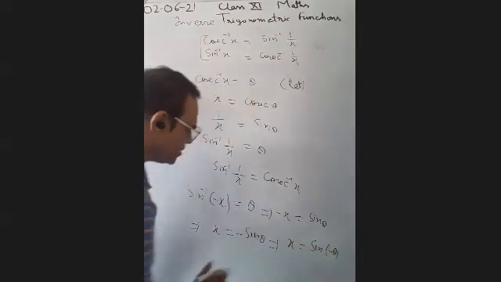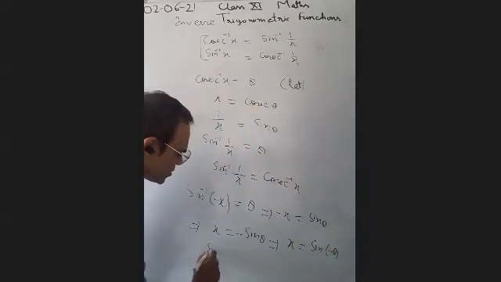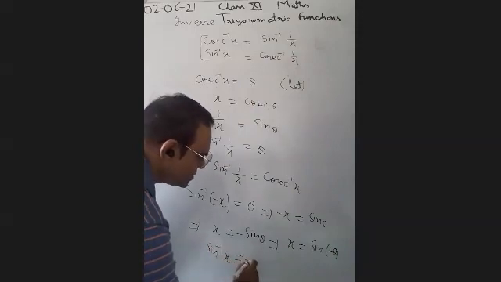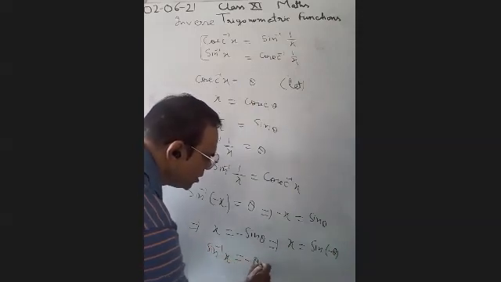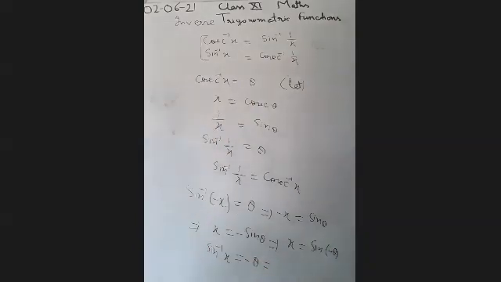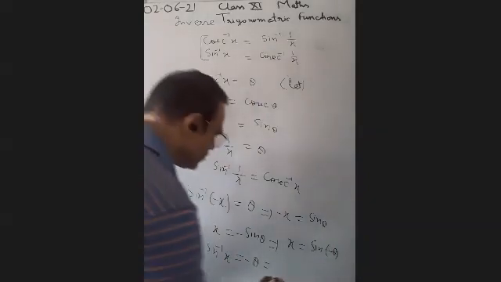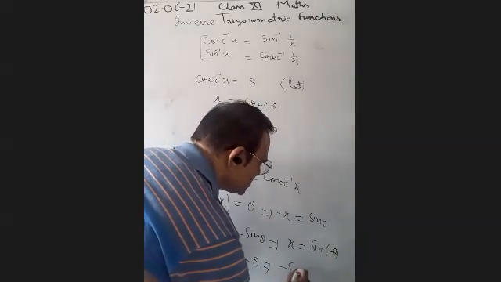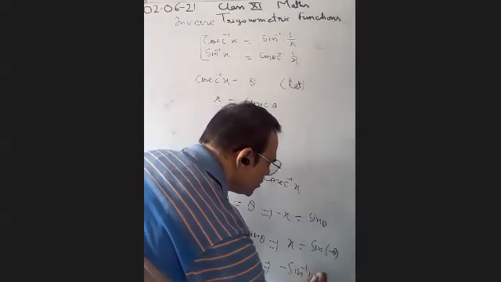Now you convert here: sin inverse x is equal to minus theta. In place of minus theta, you have to multiply here. You know what you will get? You will get minus sin inverse x is equal to theta.